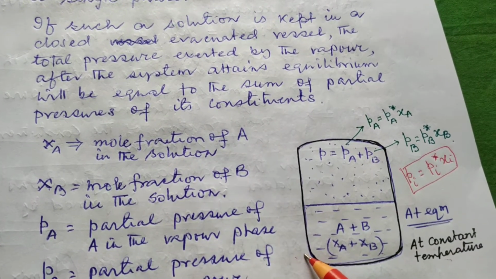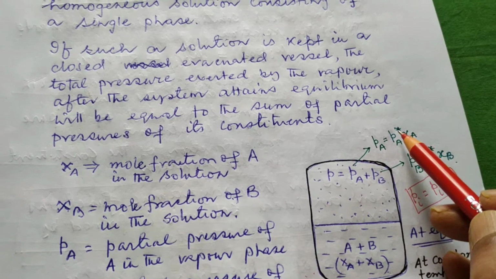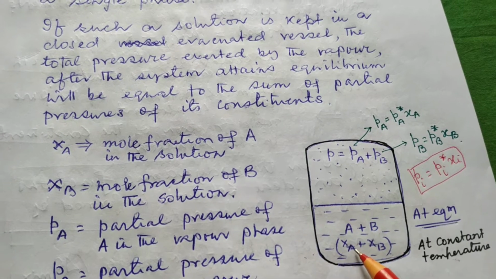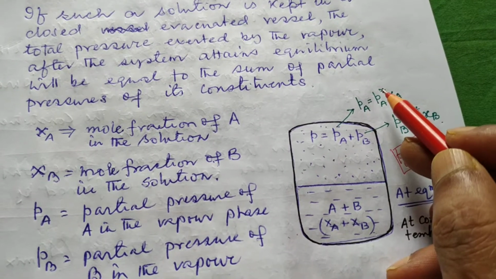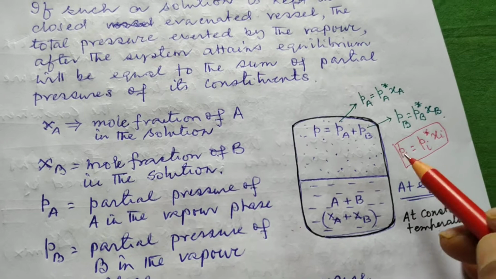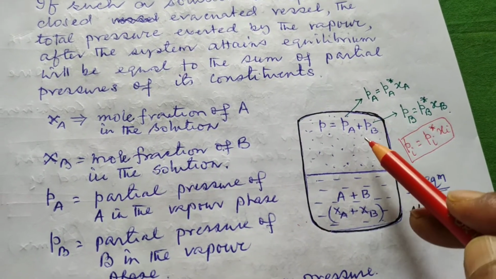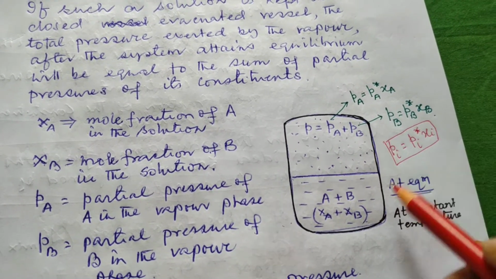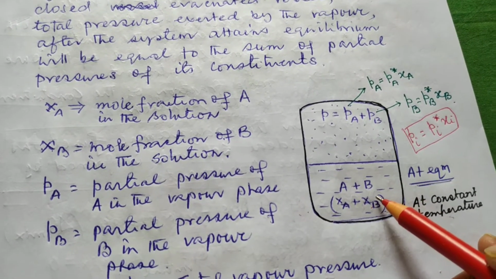Now, this Pa equals Pa star into Xa, where Xa is the mole fraction of A in the solution, and Pa star is the vapor pressure of the pure constituent A, and Pb equals Pb star into Xb, the vapor pressure of B. Xb is the mole fraction of B in the solution.